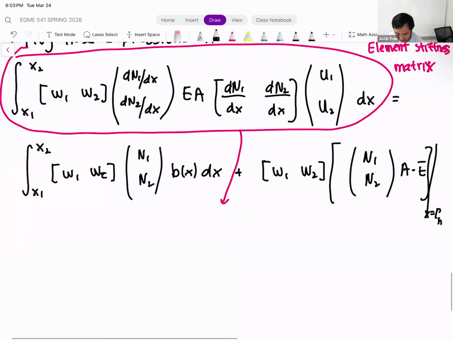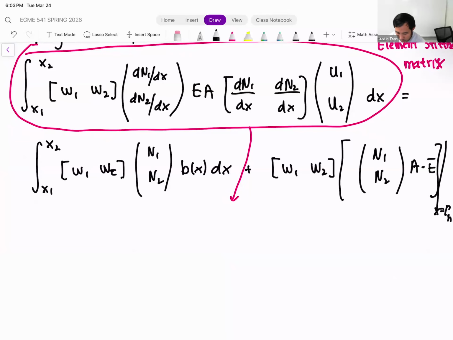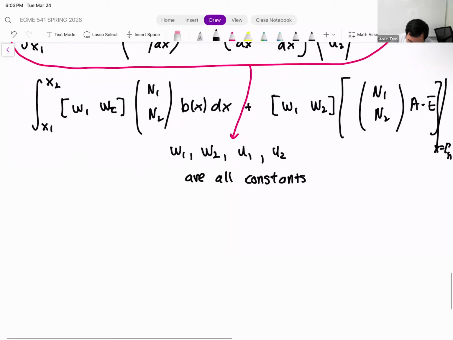The first thing I'll note is that even though we're going to leave E times A within the integral, the nodal values we know are actually constants. So w1, w2, u1, and u2 are all constants. Let's go ahead and factor those out of the integral.